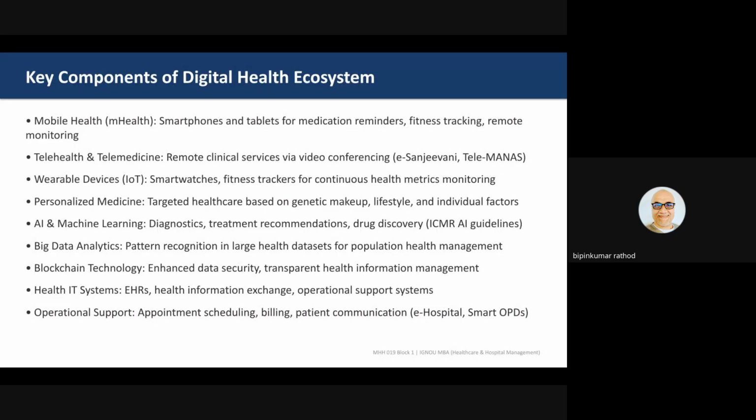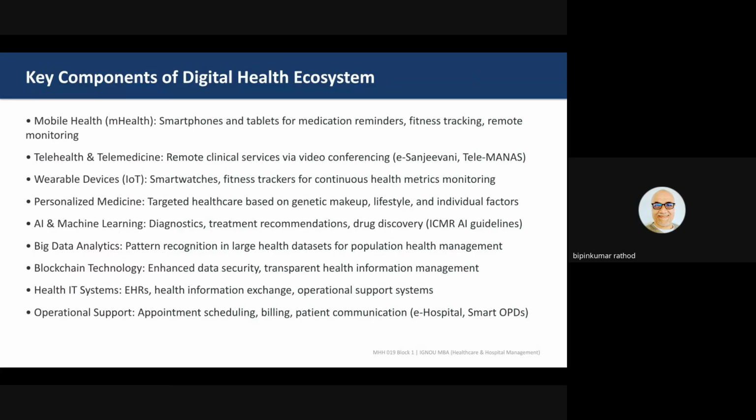When we talk about the digital health ecosystem, we need to identify the components that we are learning in it.